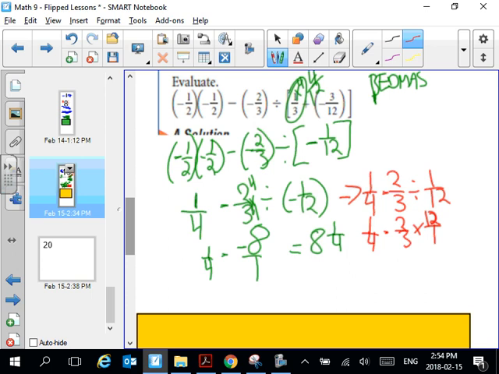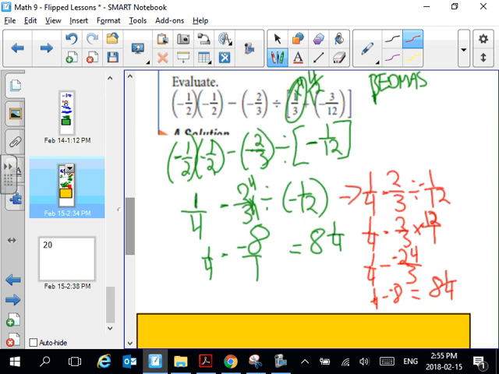Oh, maybe I didn't. So I've got 1/4 minus 2 times 12 is 24/3, which is the same as 1/4 minus 8. Oh, sorry, this has to be negative, so this is also going to be negative. So this is minus a negative 8, still gives me 8 1/4 as my answer.